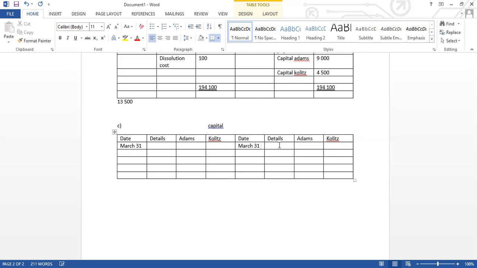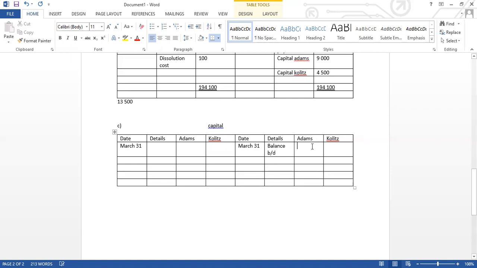On which side? On the credit side. So balance brought down. Adams has 80,000, and then Collins has 40,000.